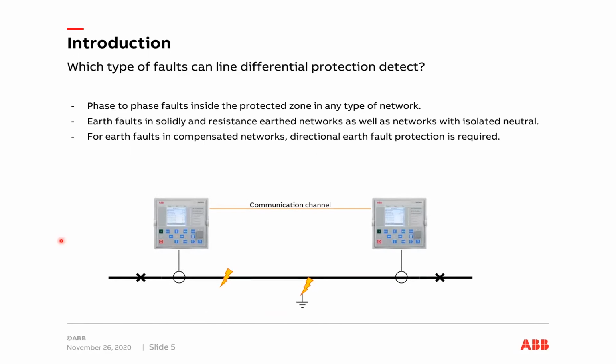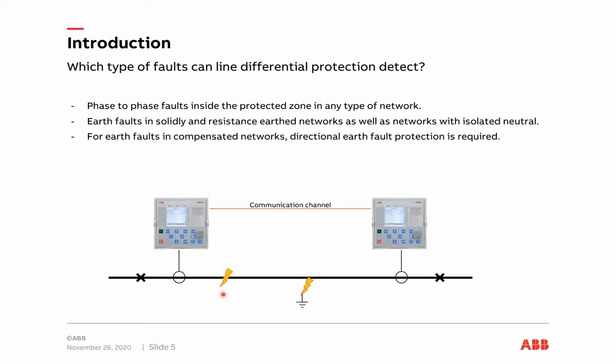So what fault types can line differential protection detect? First of all, we can detect phase-to-phase faults inside the protected zone in any type of network.